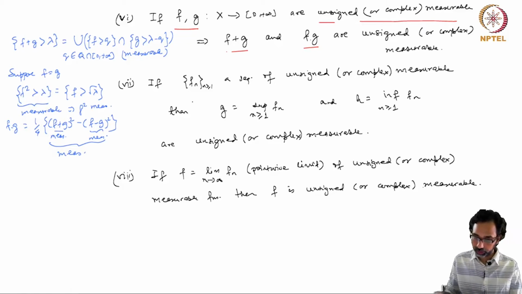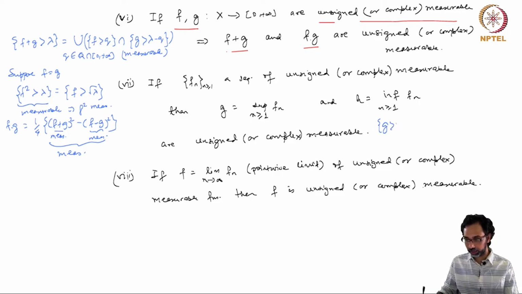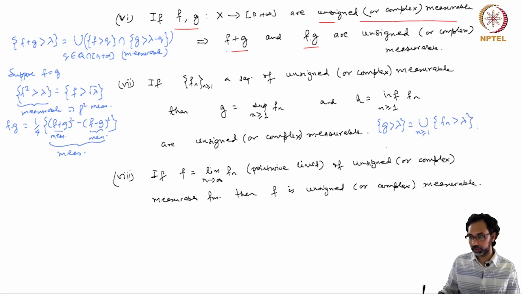Now take the seventh one, for example the supremum. You can write g greater than lambda as the union over n greater than or equal to 1 of fn greater than lambda. The supremum greater than lambda means that at least one fn must be greater than lambda, and the reverse inclusion is obvious.